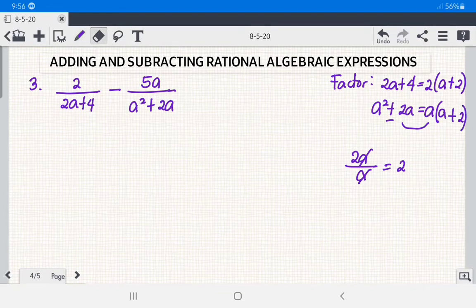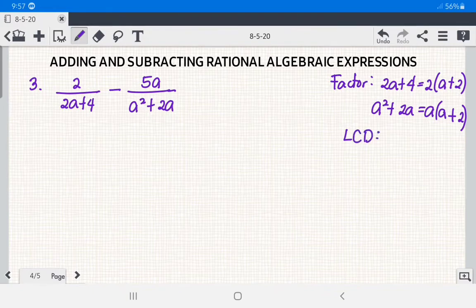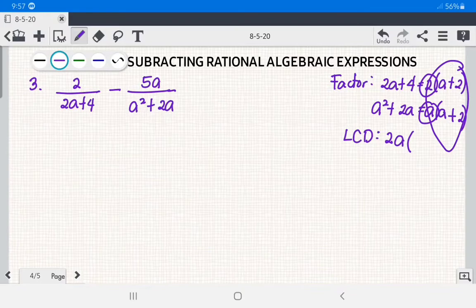Then we have now the factors of the denominator, and therefore we can get now the LCD. We have a unique factor, which is 2. Another unique factor, which is a. So we have 2a times the common factor, which is a plus 2, right? So we have times a plus 2.